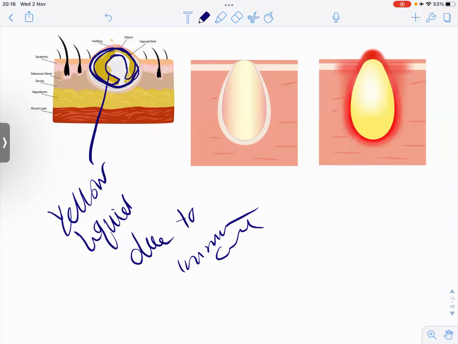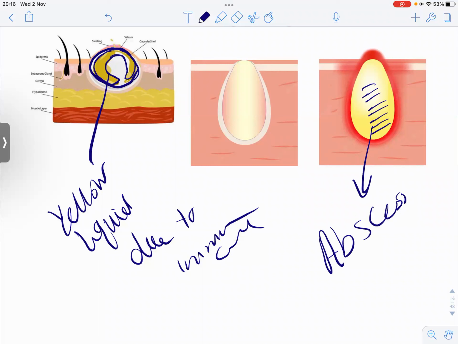It's yellow dirty water. It's called abscess. So abscess means a cyst filled with dirty white yellowish fluid.